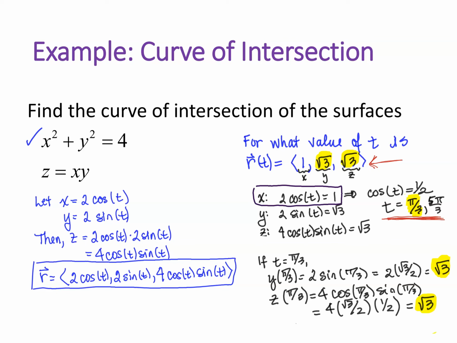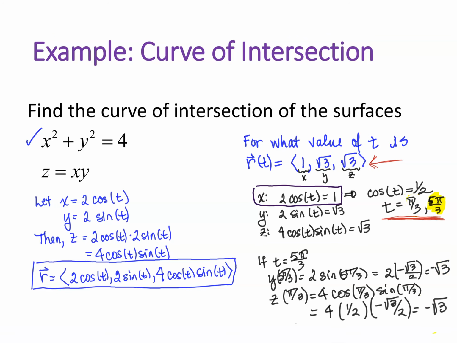We did have a second value for t, so we do need to verify whether or not that also produces the location we're interested in. If we are verifying what happens with our second solution, 5 pi over 3, and we substitute that value in for our functions, what we'll notice is that our sine function produces a negative square root of 3 over 2.